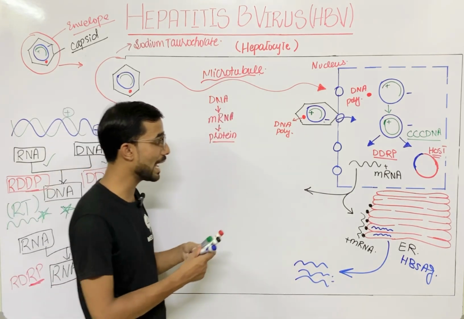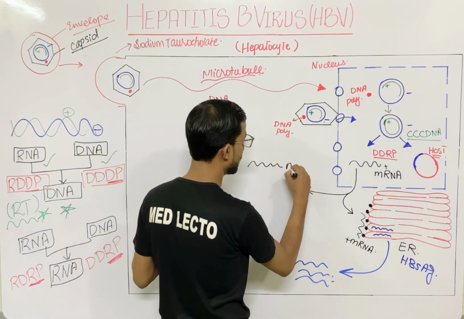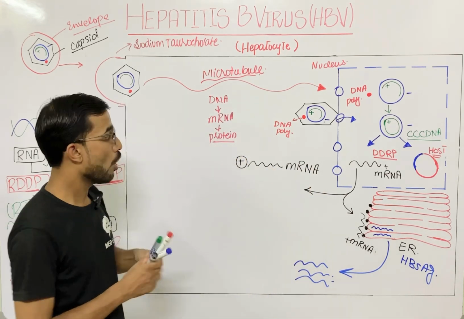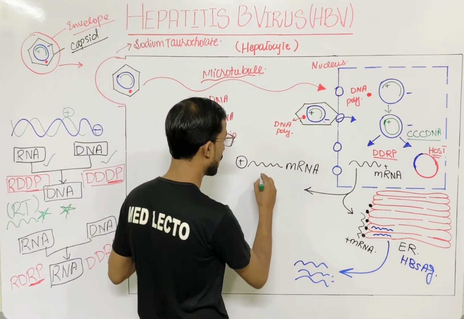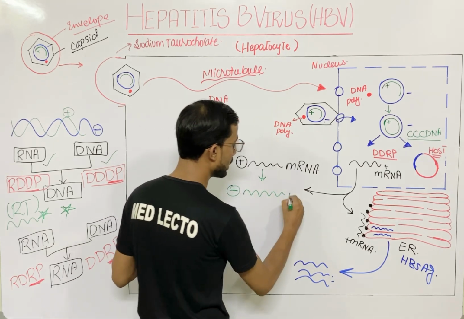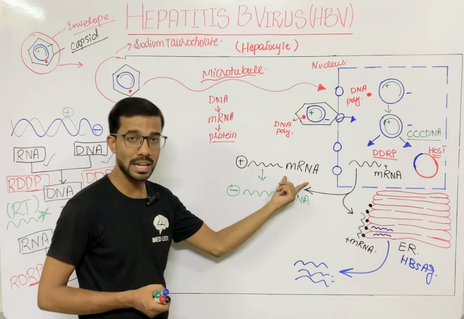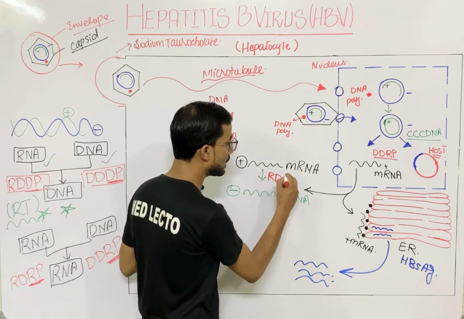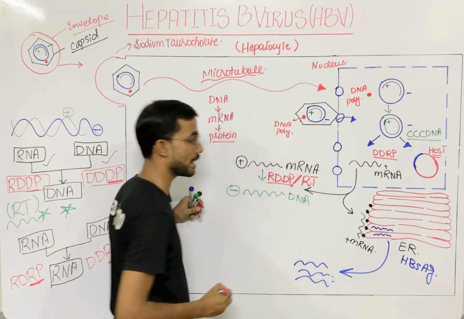And next, this messenger RNA, whose polarity is positive. From the positive polarity messenger RNA, you will see the synthesis of the negative polarity DNA. Now you see the synthesis of DNA from RNA, and in that case you will see the RNA dependent DNA polymerase, or you can say reverse transcriptase.